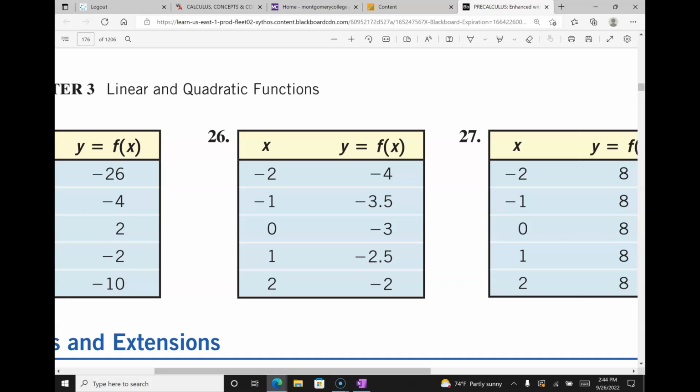So this one appears to be linear. Of course, you could graph it, and you'll know if it's linear or not. But we want to just pick random points here and get slopes, and then see if it works out.